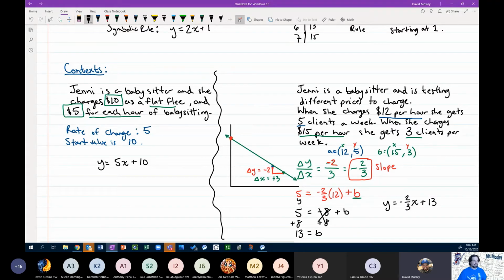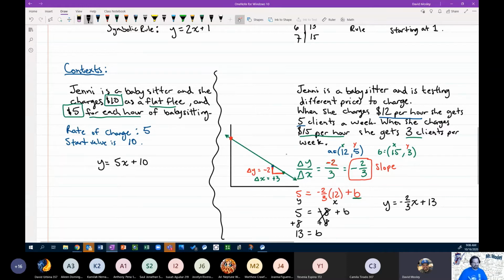The 5 replaces y and 12 replaces x, in our unfinished formula that I don't have b for yet. When you do -2/3 times 12, you get -24 divided by 3, and -24 divided by 3 is -8. That's how we got this -8 down here. And so essentially, what number do you add to -8 to get +5? You have to add 13 to -8.